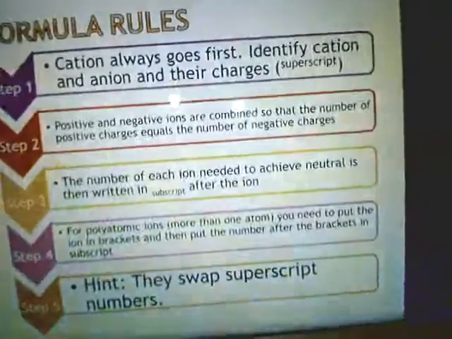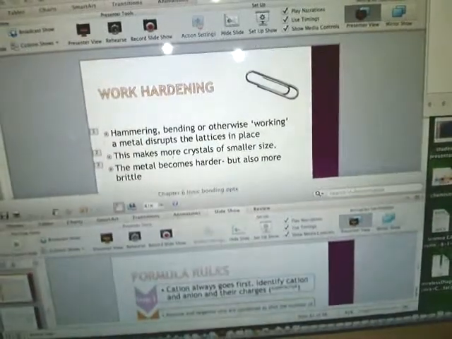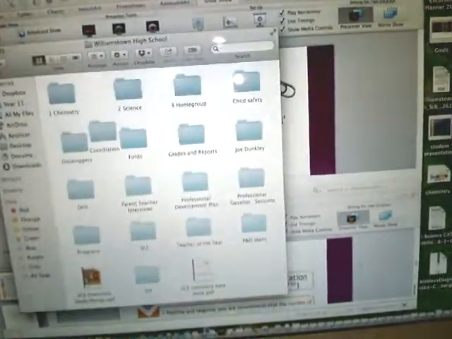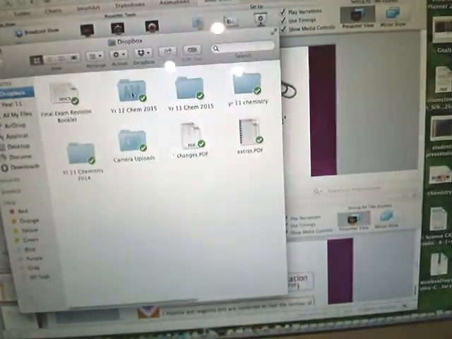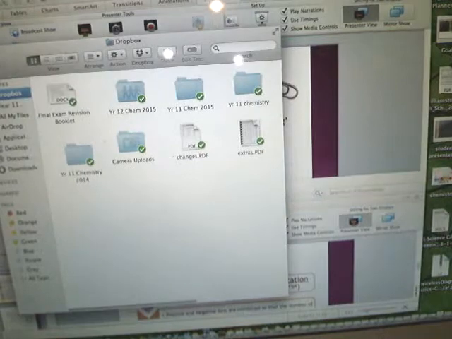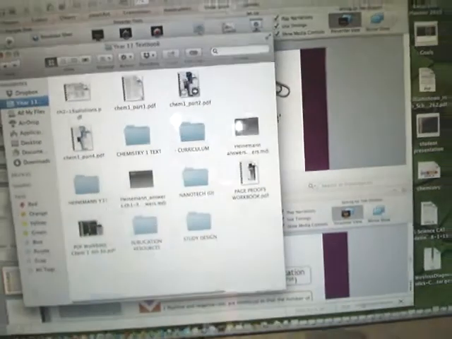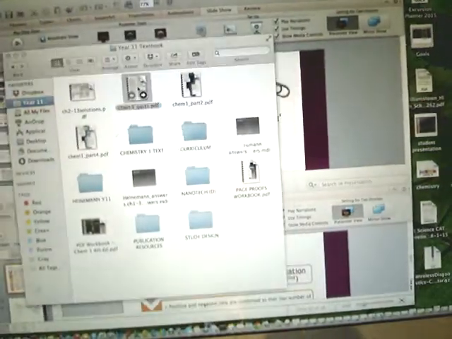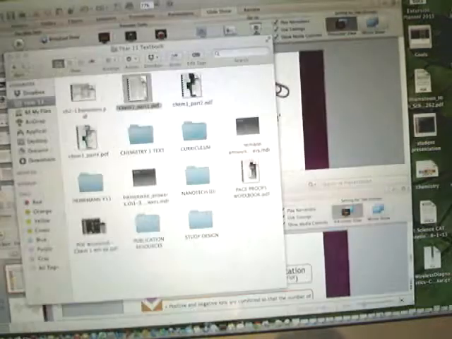I hope I can just bring it up. Chapter 6, we should have it here. Year 11 textbook. So it's in part 1. No, it's not. It's in part 2. I lie.